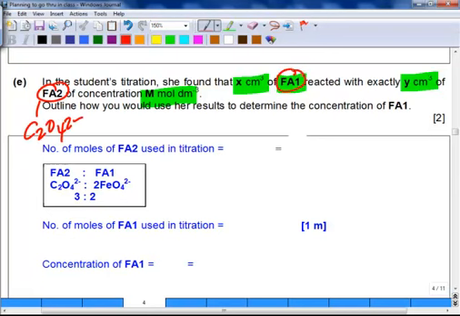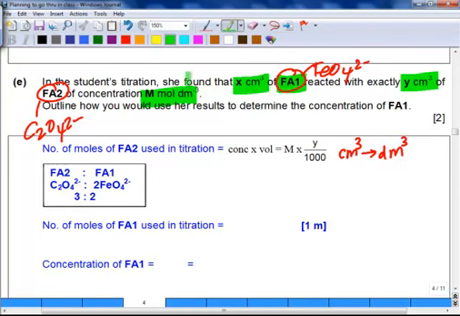Your Fa1 is your FeO4 2 minus. If you have your concentration and volume, you can find moles. Concentration times volume, you will get M times Y over 1000, because you are changing to dm cube.